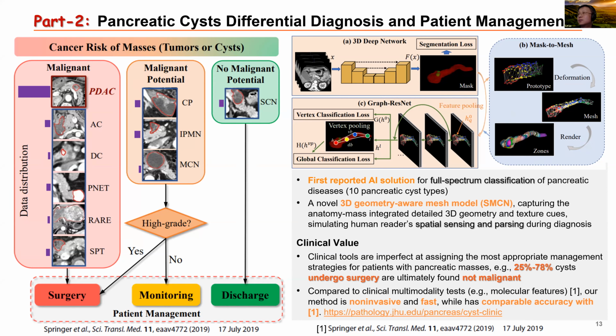We even know some vessels and anatomical structures passing by. When people make a decision about what this tumor is, it's not just how it looks, but also the geometry inside the human body, and that geometry against the pancreas and its surrounding important anatomical structures. So our algorithm does the same as a human reader would.